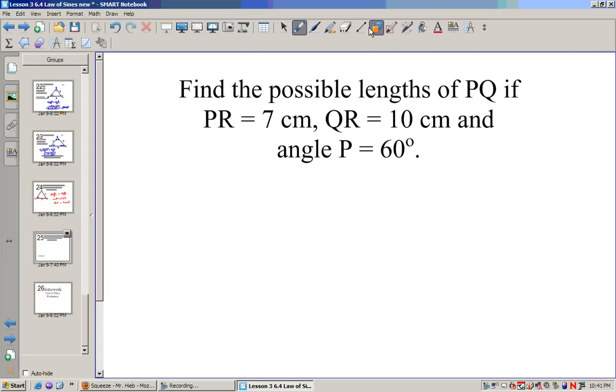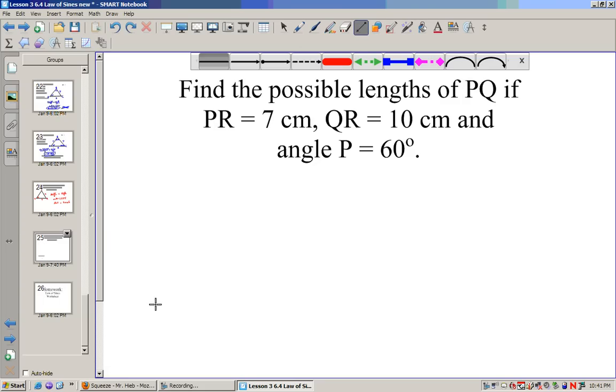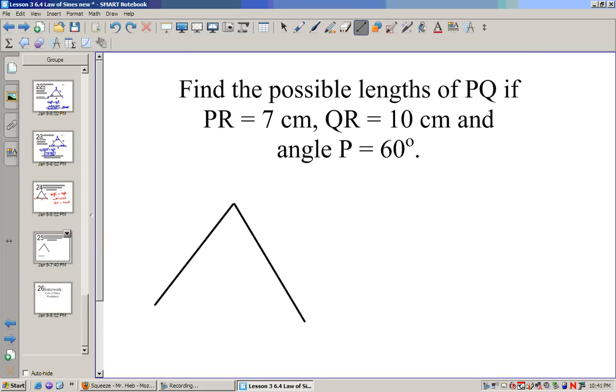Now let's do this one. Oops, that's definitely not a good start on my triangle. Take 2. So I have my PQR again. Pretty bad Q. PR is 7, QR is 10, and angle P is 60.